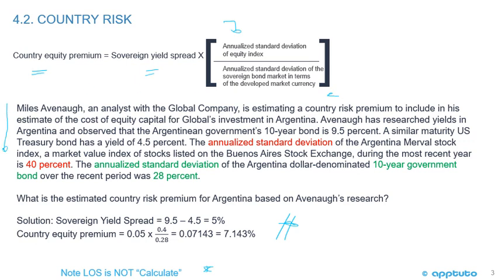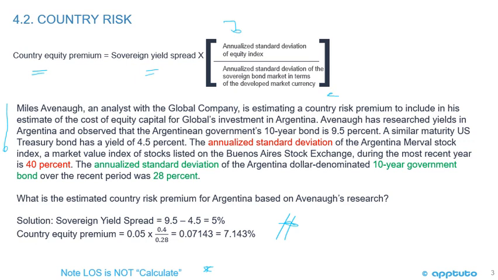It's the example from the text. Miles Avenant, an analyst with a global company, is estimating a country risk premium to include in his estimate of the cost of equity capital for Global's investment in Argentina. Avenant has researched yields in Argentina and observed that the Argentinian government's 10-year bond is 9.5%.